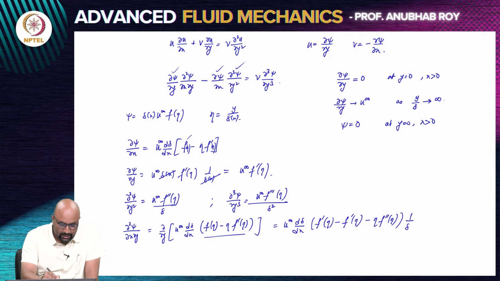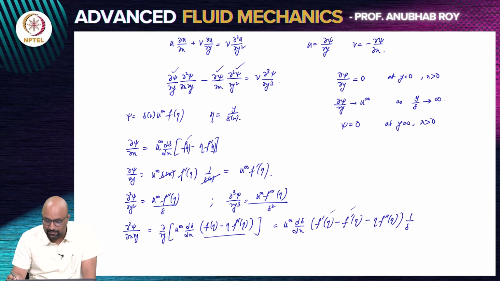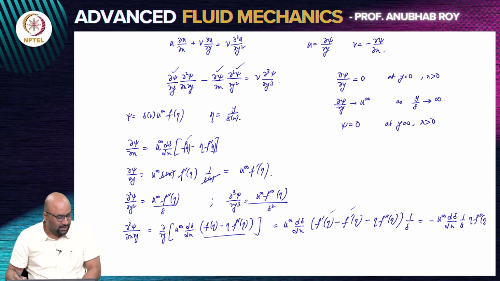Then when I take a derivative with respect to eta, that will also give me an f dash. So f dash, and then minus eta f double dash. So this turns out to be minus u infinity d delta dx 1 by delta eta f double dash of eta.